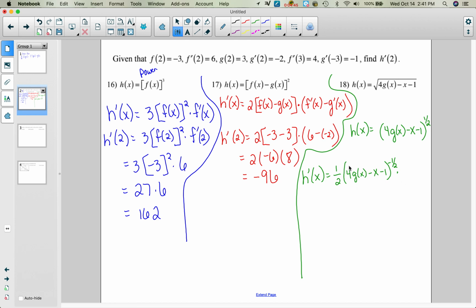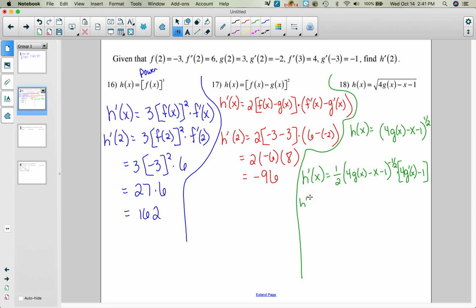So the derivative of 4g of x is 4, and I'm going to put a bracket here, 4 times g prime of x minus 1, because the derivative of the x is just 1, and the derivative of negative 1 is 0. Good thing, because I don't have any room. Okay, so once again, the power rule gave me this, with the inside left unchanged, times the derivative of the inside function, which is 4g prime of x minus 1.